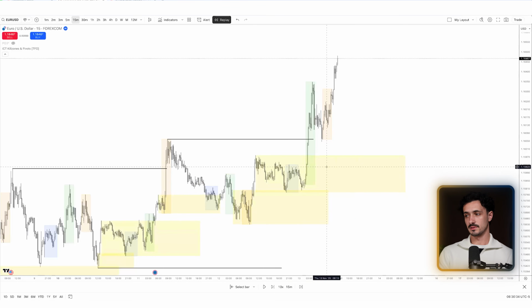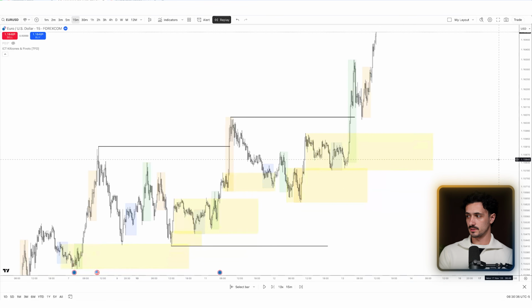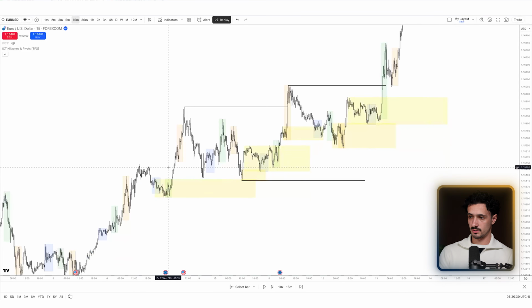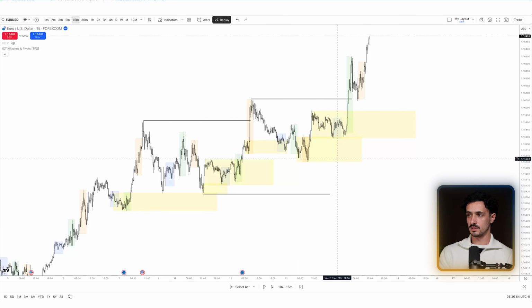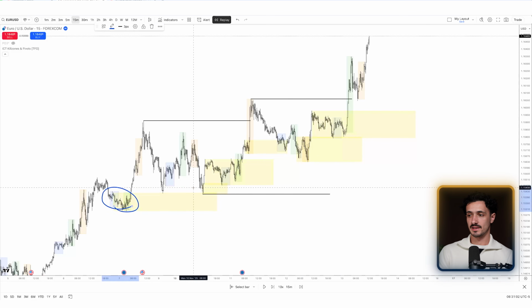Now, again, is it every single time? No. But you can see that if you just pair market structure with these range, expansion, out of here, range, expansion, back in, range, expansion, back in, range, expansion, pairing supply and demand with these market structure moves gives you extra clarity on where we can look at getting trades from.